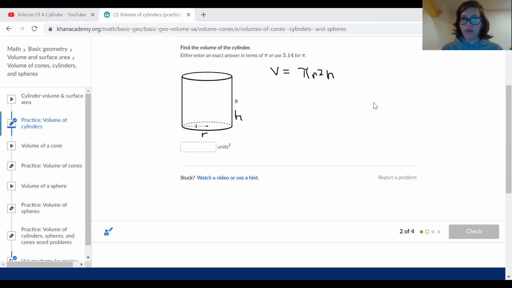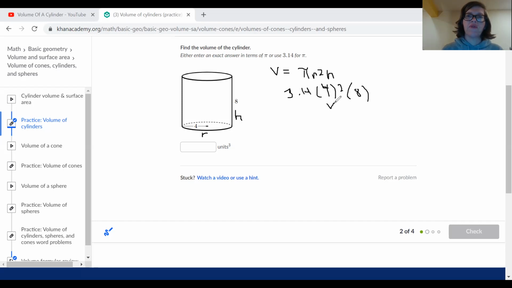All right, so hopefully you've had the opportunity to try that problem out. Okay, so you replace pi, right? So pi is 3.14. Our radius is 4, right? So 4 squared, and our height was 8, right? Times 8.